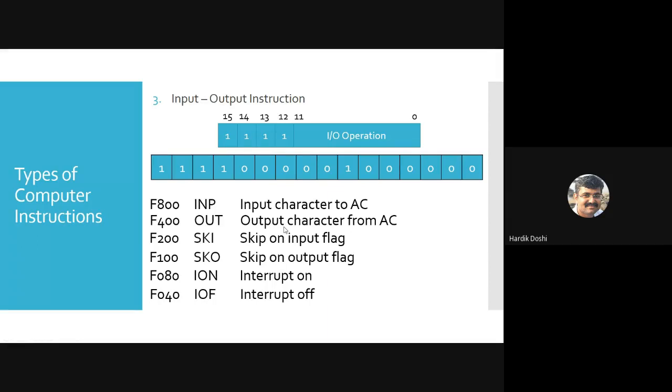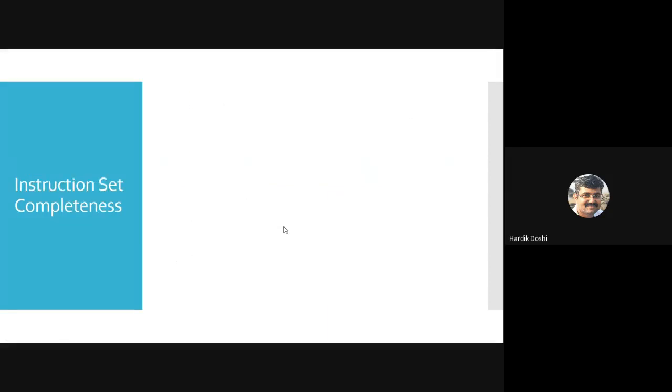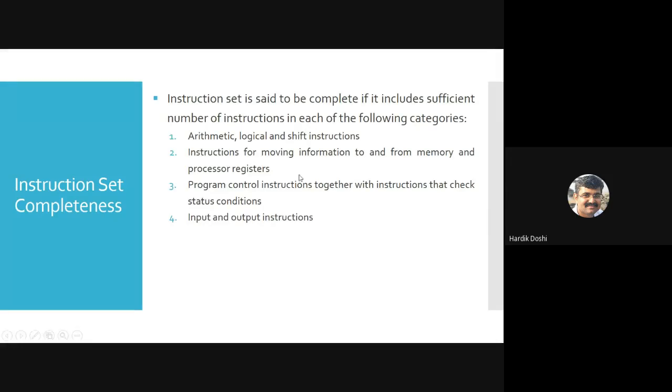There is one very small topic named instruction set completeness. If I am designing the instruction set, then what should be the bare minimum included in that instruction set? The first and foremost thing is that the instruction set should consist of arithmetic, logic, and shift instructions. Secondly, there should be instructions for transferring data to and from memory and processor registers.